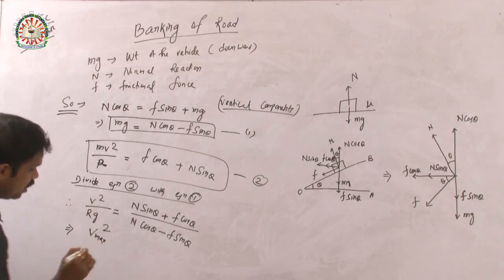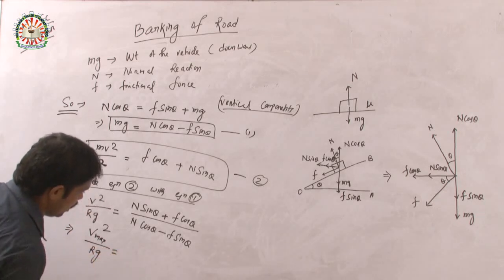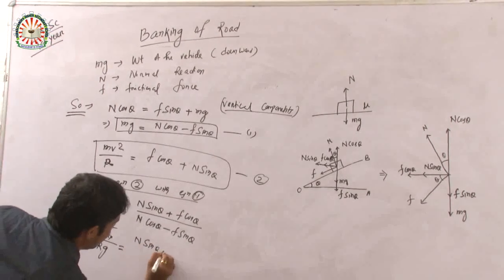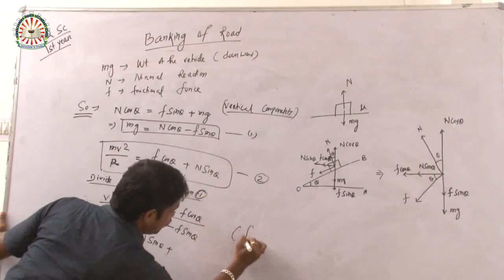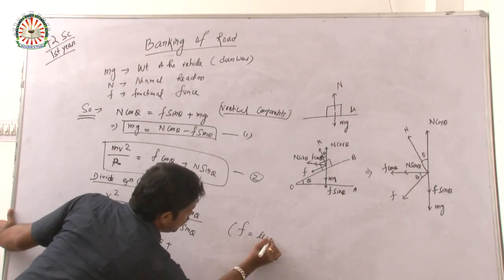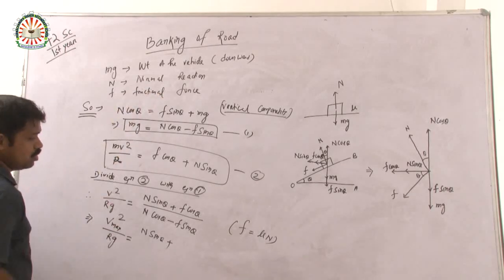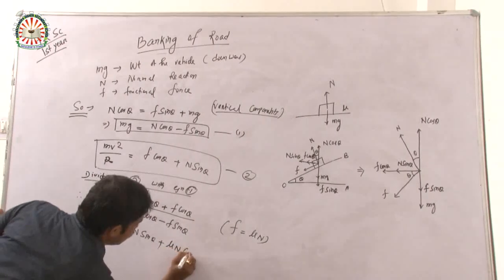Look very carefully. v max square divided by rg is equal to n sin theta plus, so what is f? F is the frictional force, which is equal to mu into n, mu into the normal reaction, just I told you. So let us put here mu into n.